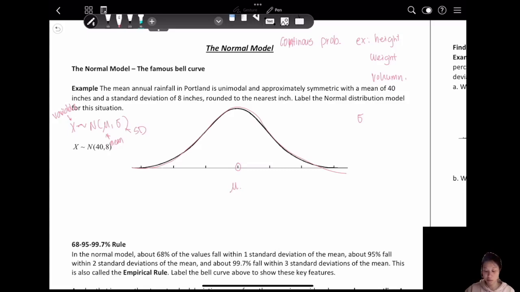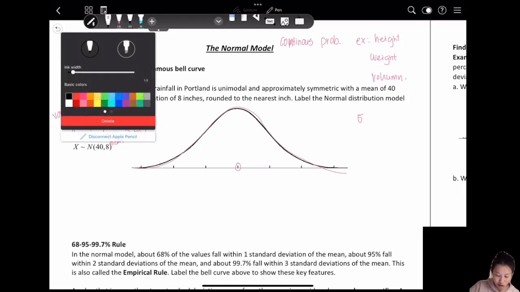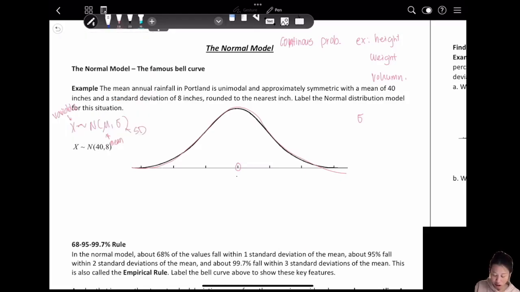What does that mean? That means in the center of this distribution, this is 40 inches. When you add one standard deviation, which is 8, here is your first standard deviation, 48. The next standard deviation, you add another 8.